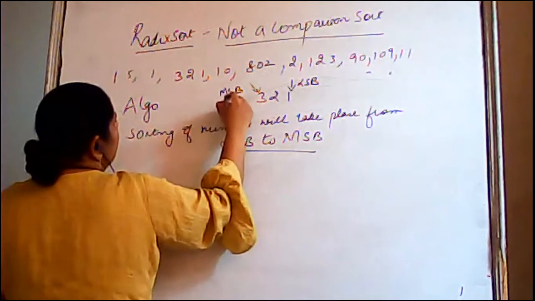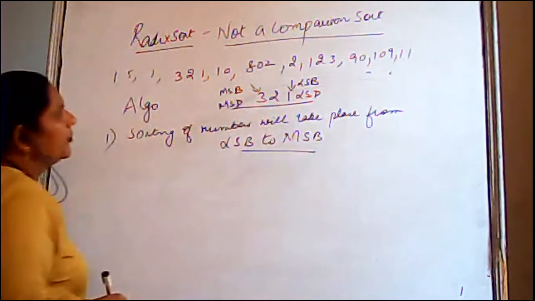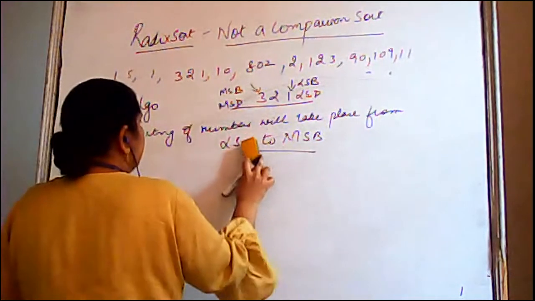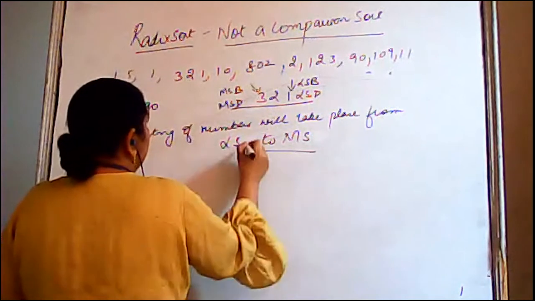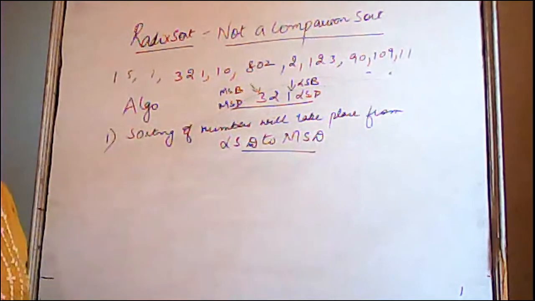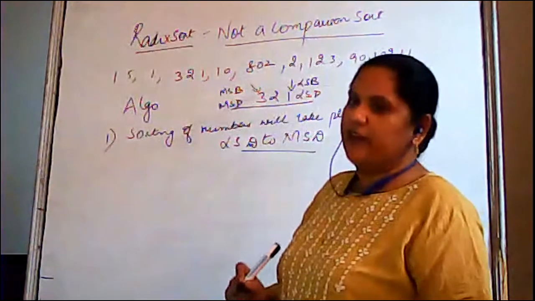Or you may write least significant digit to most significant digit, so we will write LSD and MSD. The digit which is occurring at the units place is the least significant digit, and the digit which is occurring at the 100 place is the most significant digit.